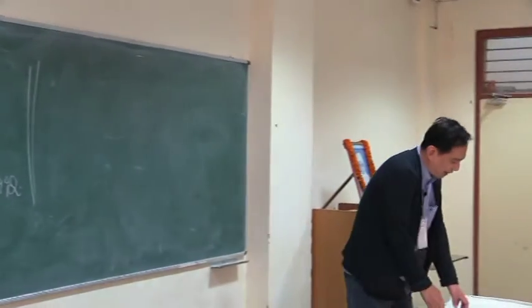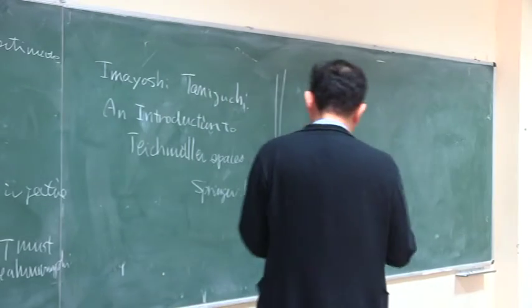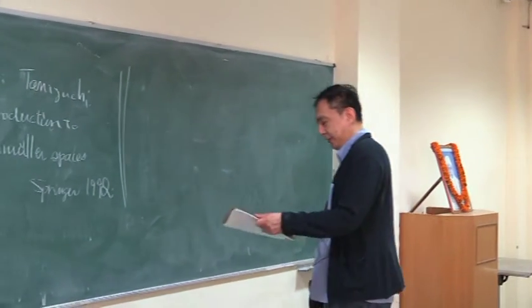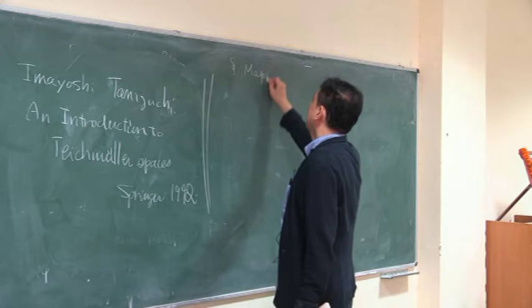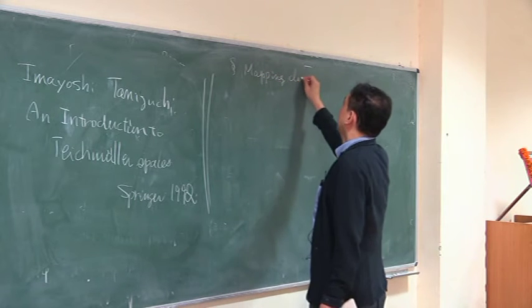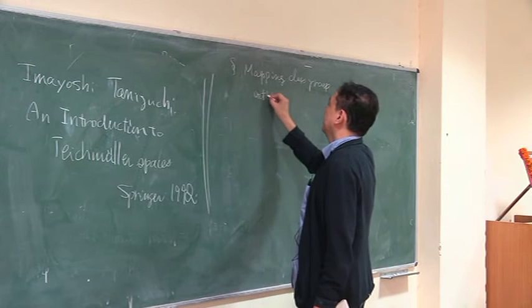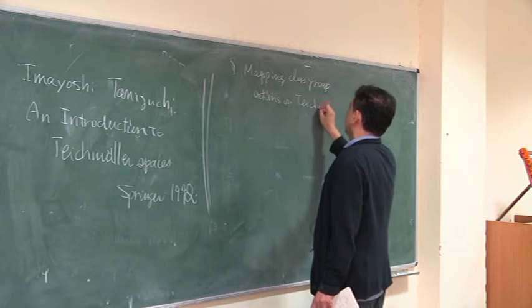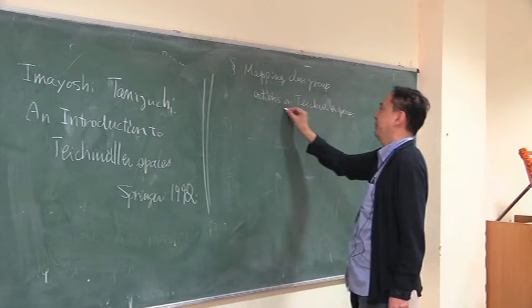What I'd like to talk about now is something called Royden's theorem, and for that I need the mapping class group action on Teichmüller spaces, especially Royden's theorem.